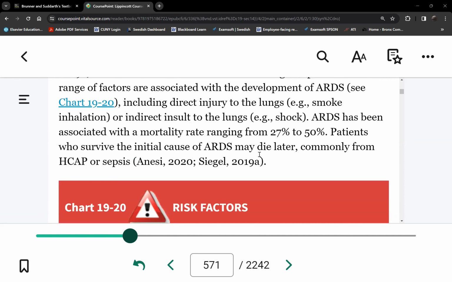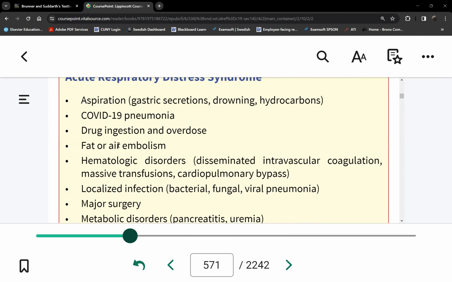Do you think each one of these will injure the lung? Look at aspiration. Let's say you were drunk, you ate tacos, hot sauce, had beer, had tequila, and then you vomited, and all those contents went into your lungs. What will that do to your lungs? Will it injure it? Yes.